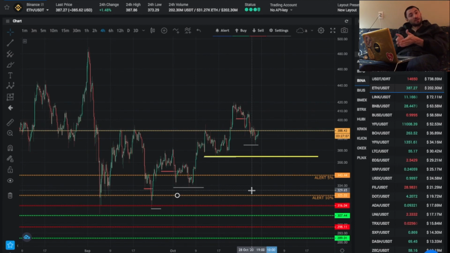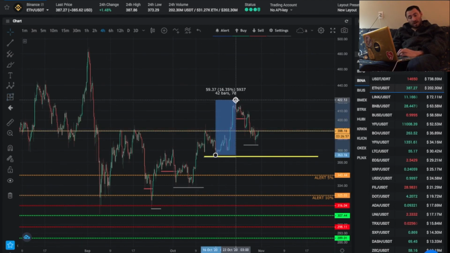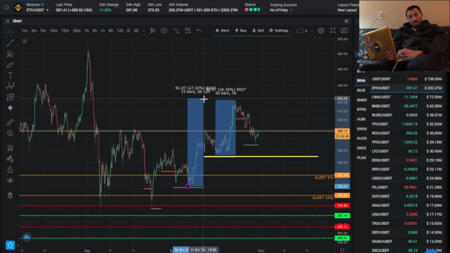I want you to profit. I want you to trade this professionally. Hold off until price gets past this 10%. And remember, we're going off of this base right here, 16%, not this base, which is the move. This is the move that we've been measuring out and looking for.